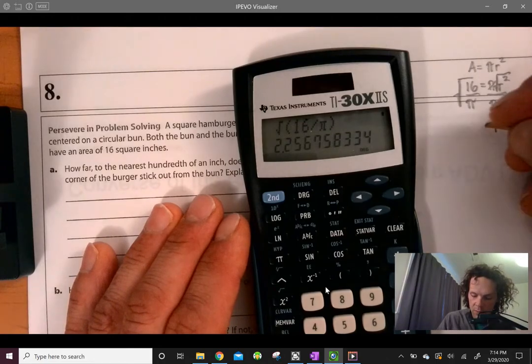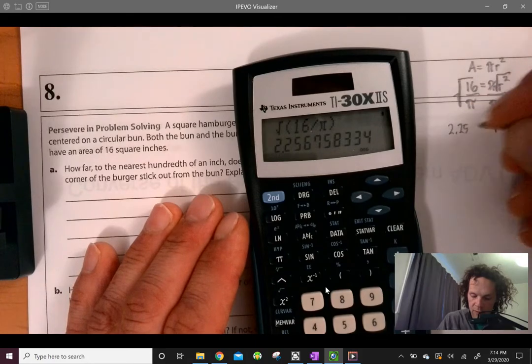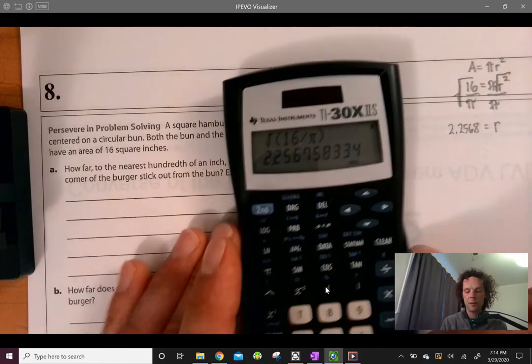So r equals 2.256. I'm going to stop right there. That's my radius, okay?